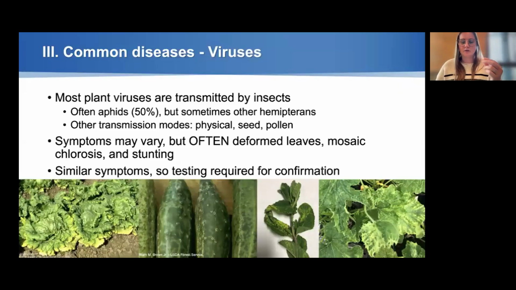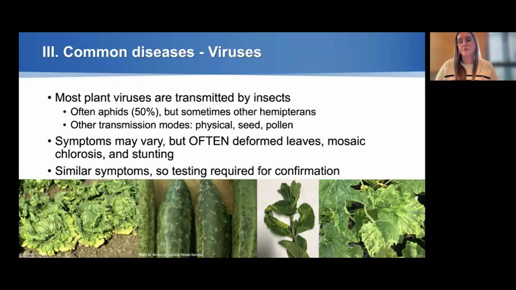So this is if you were to cut an infected plant, you could then spread it on your shears to another plant. There is some seed transmission and pollen transmission of viruses as well. The symptoms vary depending on the type of virus or the host plant, but often what you'll get is a mosaic chlorotic pattern on the leaves.